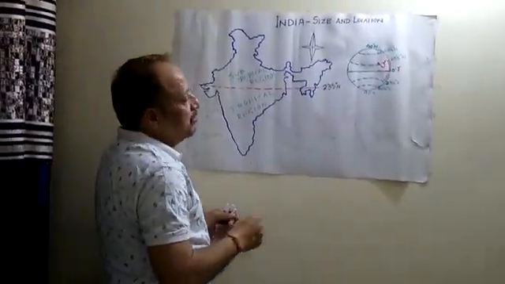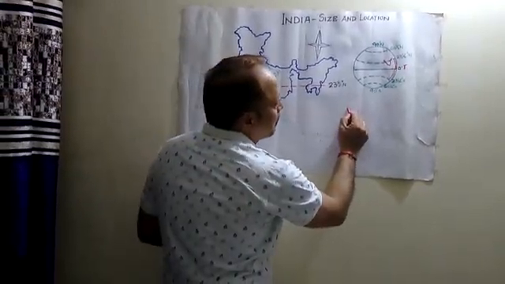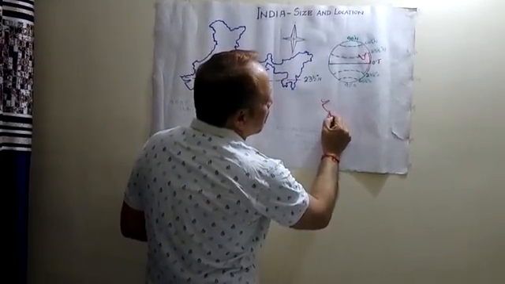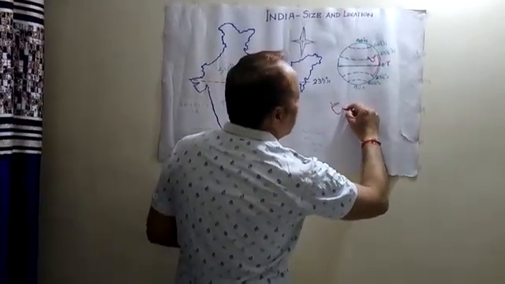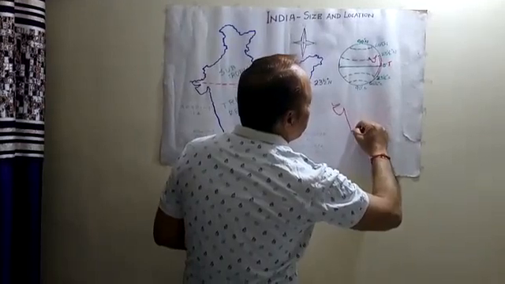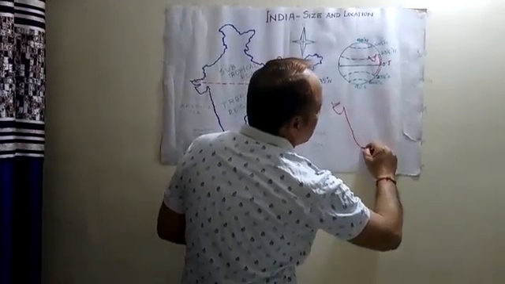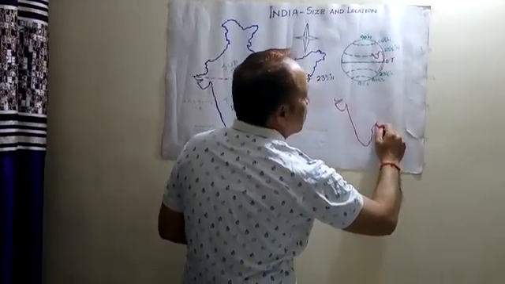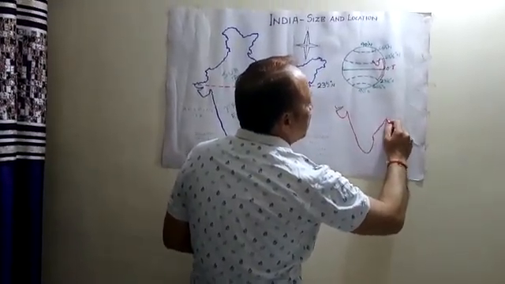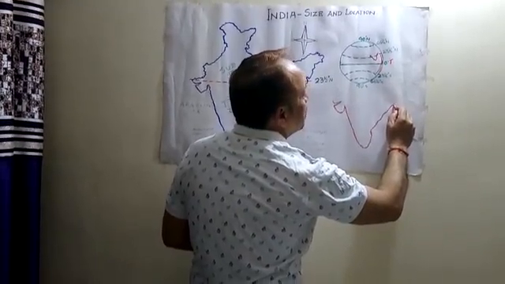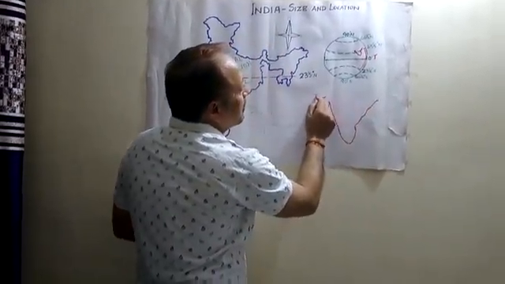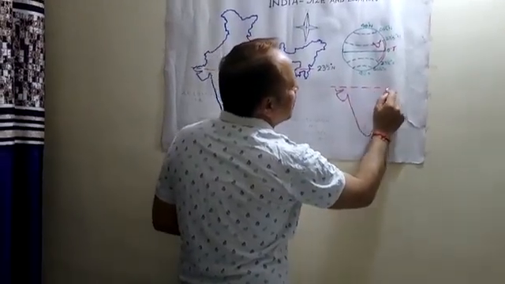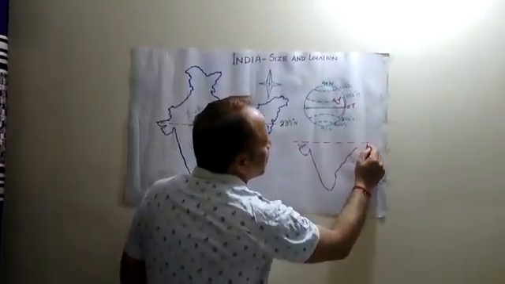And if you find here also, I am showing you, roughly I am just making the map. If it is visible, it is good. Again I have made the half of India, the south of India, that is south of the Tropic of Cancer.